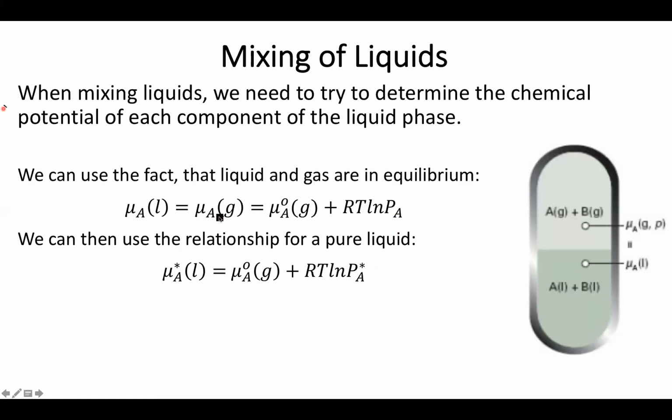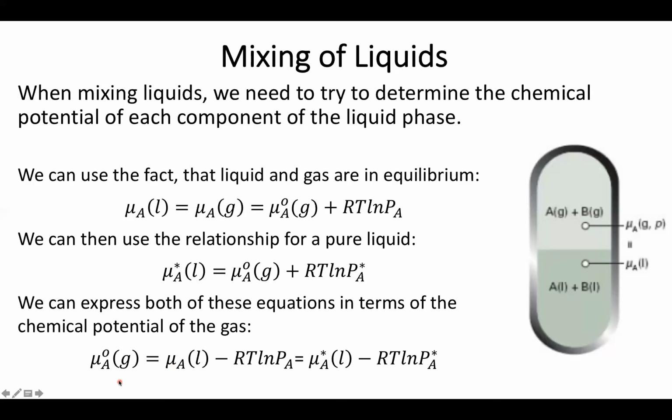So for both of these expressions, I'm going to isolate the chemical potential of the gas at standard state, and move that over to the left. For the mixed species, this can be given as the chemical potential of my liquid minus RT times the natural log of the vapor pressure of the mixed species. But this is also going to be equal to the chemical potential of the pure liquid minus RT times the natural log of the vapor pressure of the pure liquid.